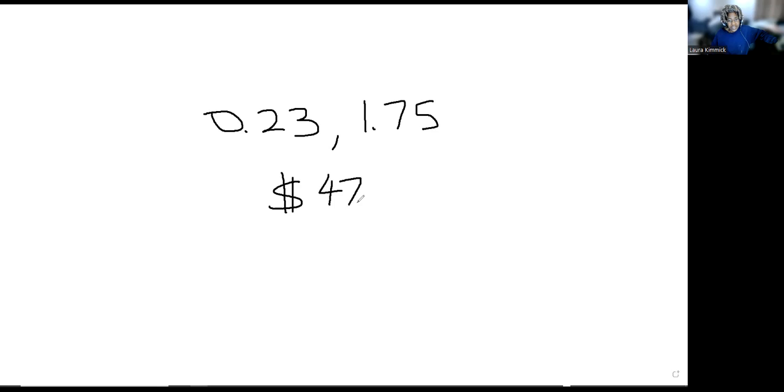Okay, so the last thing we're going to do tonight is the decimal fraction, which uses a decimal point. For example, decimal fractions are like 20.23, which is 23/100ths, or 1.75, which could be 1 3/4, or it can be like with money, which is $47 and 25 cents.